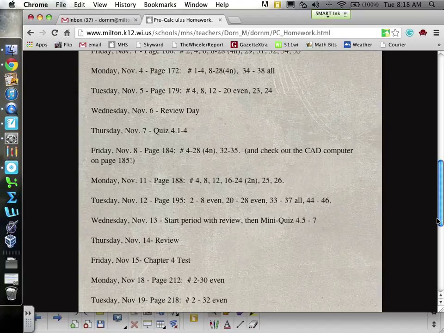Here we are, November 5th. So 4, 8, 12 through 20 even. Let me see if I want to keep that. 4, 8, 12, 14, 16, 18, 20.